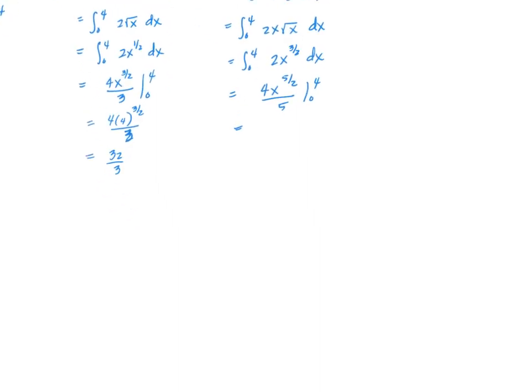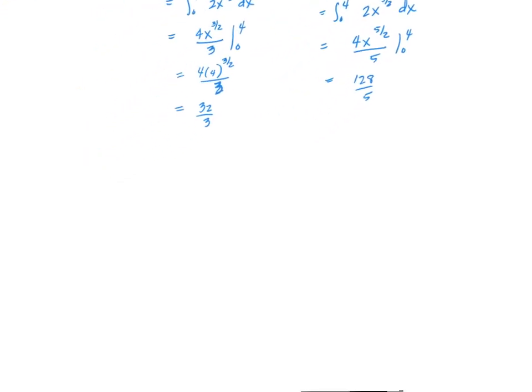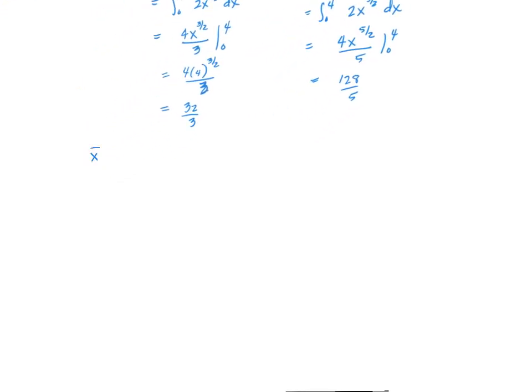Alright, I'm just going to plug this in a calculator. The 0 cancels out and I get 128 over 5. So remember, this is my x bar. My x bar is equal to the total moments, which was 128 over 5, over total mass, which in this case was 32 over 3. I'm just going to leave it as a decimal, I'm too lazy. And that's 2.4.